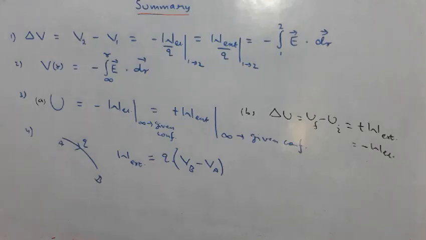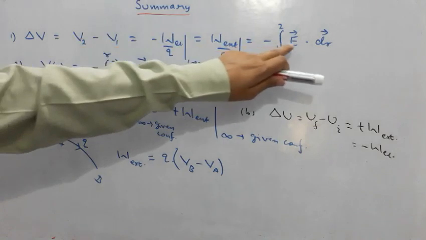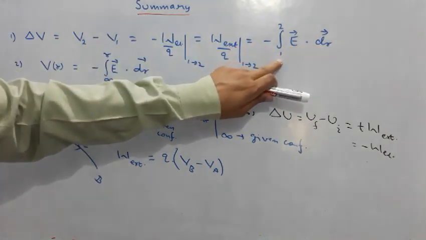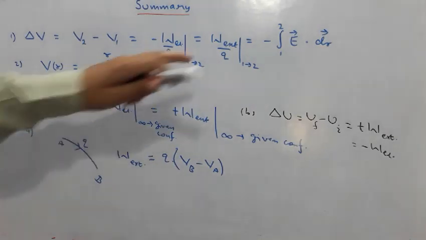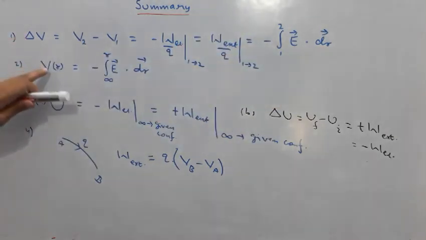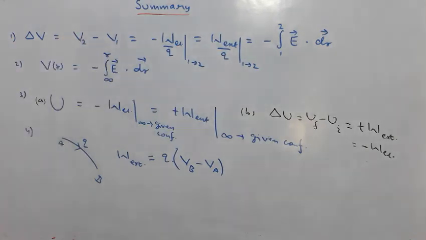Now before proceeding, let me summarize what we have discussed so far. Points 1 and 2 in the beginning of the class I have already discussed. Anyway, for your reference, potential difference and potential: potential difference is minus integration E dot dr from the initial point to the final point, and if you are bringing from infinity, then it becomes potential at a point, so here the integral is from infinity to r.